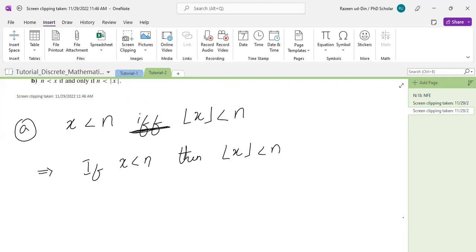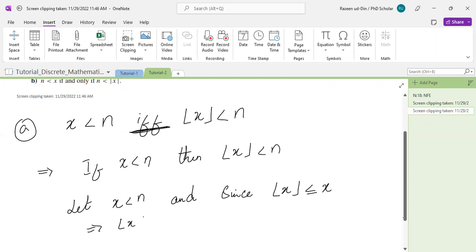Now let x be less than n, and since we know that floor of x is always less than or equal to x by definition, right? And x is less than n, this implies floor of x is also strictly less than n, because x is strictly less than n, right? From the hypothesis.